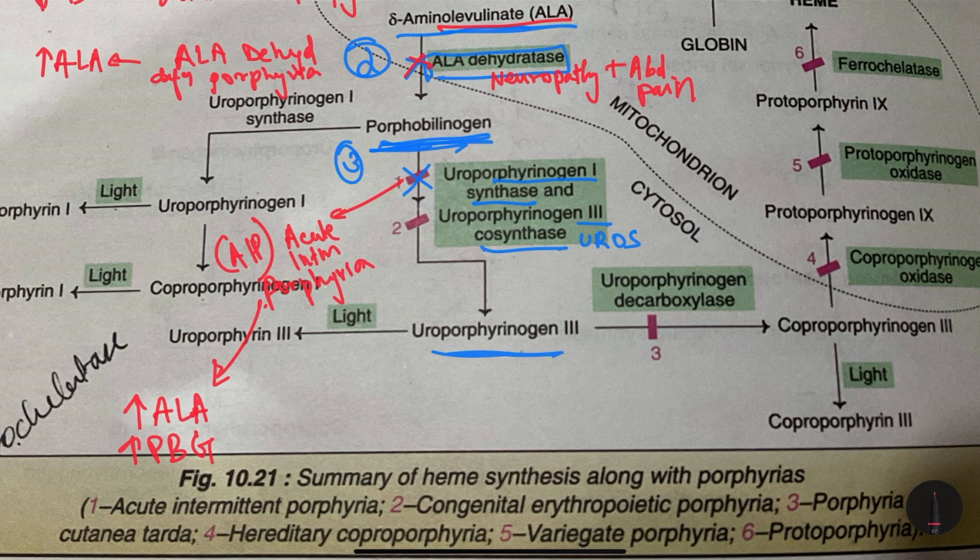Sounds perfect. And what is going to be the symptoms? It's going to be neurovisceral symptoms, right? Now, the other thing is that it is associated classically with urine discoloration. That means that the urine gets darkened when exposed to light. It is sometimes considered as a curse of a witch.